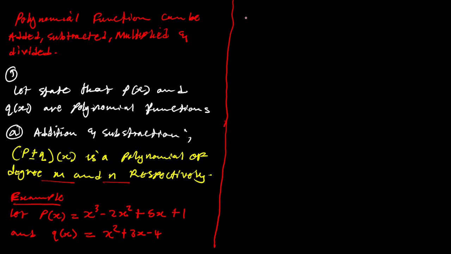Find, and then we have been given A, P of X minus Q of X, and then B, P of X plus Q of X. Do not overlook these two examples.